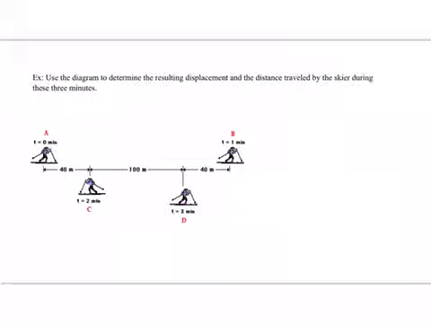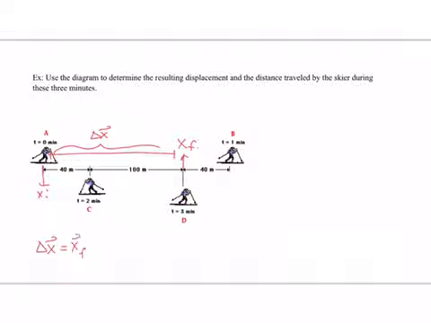Let's use the diagram to determine the resulting displacement and the distance covered by the car during these 3 minutes. First, let's find the displacement. My initial position is A and my final position is D. So this distance will give me the displacement, which is equal to the final position minus initial position, which is equal to 840 meters.